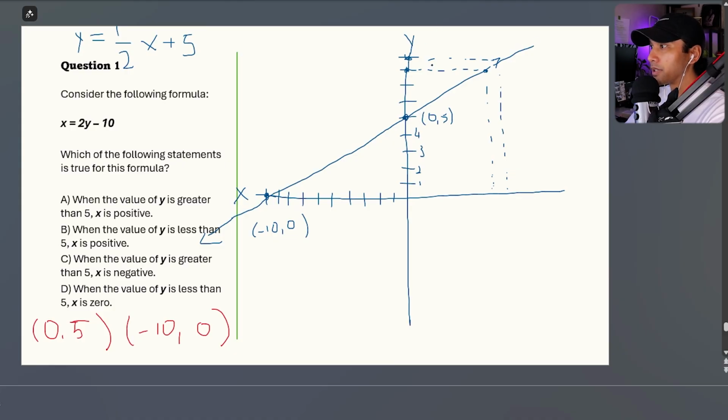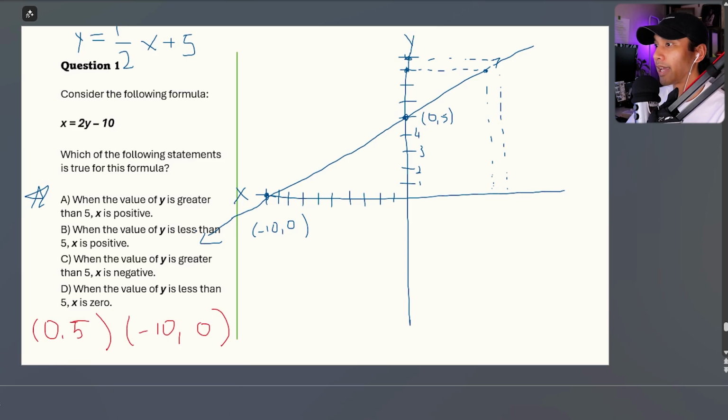No matter what we do, anything past 5. So when the value of y is greater than 5, x is positive. So we could stop right here and say, that's the right answer. But let's go see the other choices.